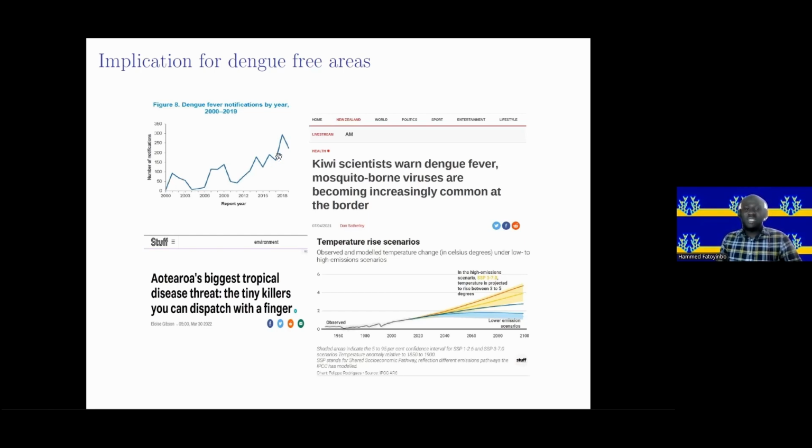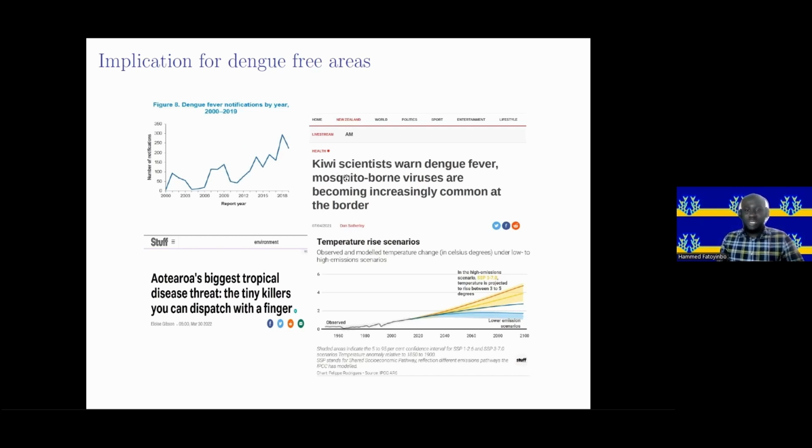This is from the ESR page. As we can see from the trend line, the cases are increasing. This is what scientists have been talking about, the risk of New Zealand being prone to dengue fever.